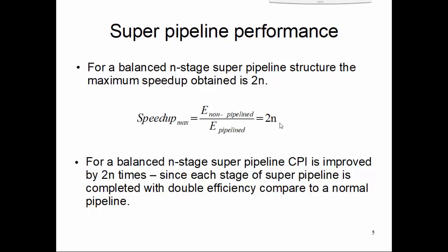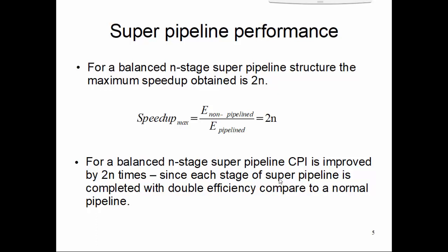Now this is what is explained in this slide in words. For a balanced n-stage super pipeline, the CPI, clocks per instruction, is improved by 2n times, where n is the number of cycles to complete one instruction, since each stage of the super pipeline is completed with double efficiency compared to a normal pipeline.